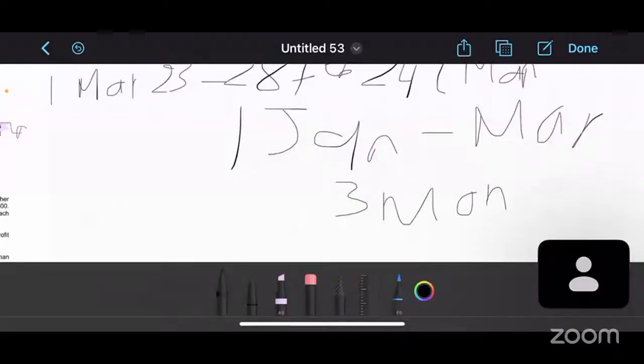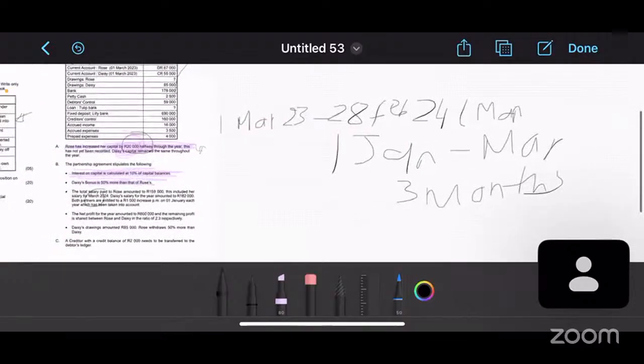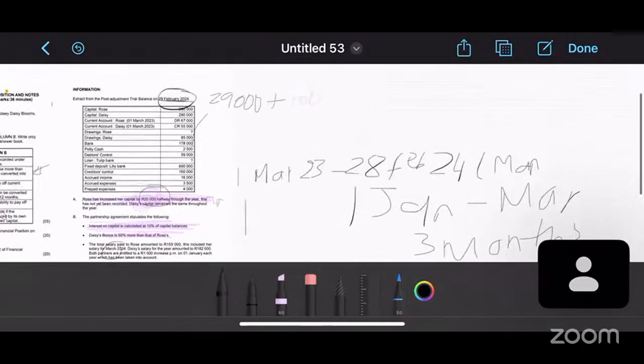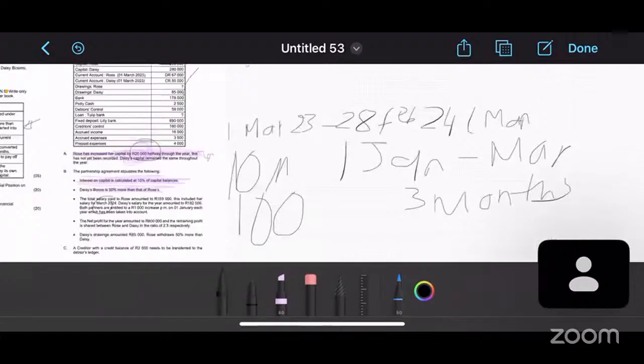For 3 months, this person has been earning whatever she's used to plus 1,000 rand. So for 10 months, is it 10? For 10 months, this person has been earning 100%.